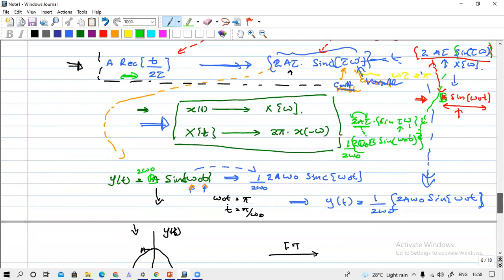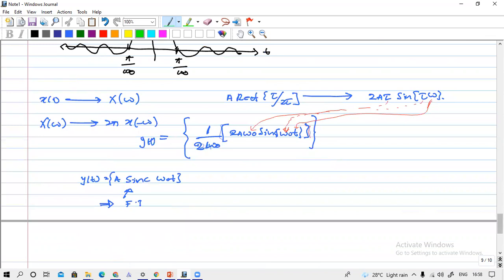So you can see that we have made our signal identical to this. We have 2a tau sinc t tau; instead, we have 2a omega naught sinc omega naught t. So we have to put the conversion here. We have a rect t by 2 tau.